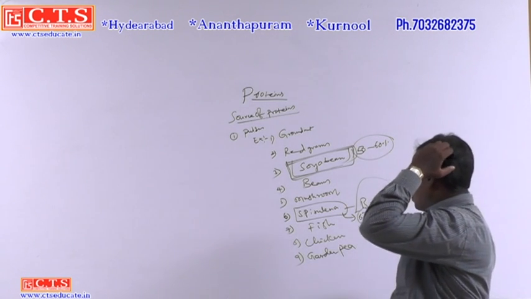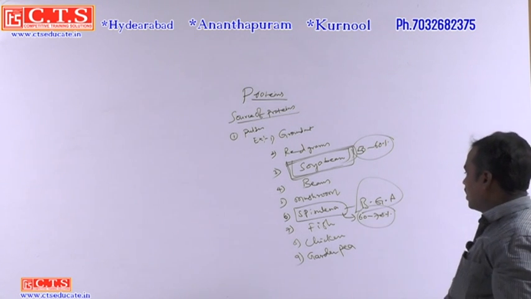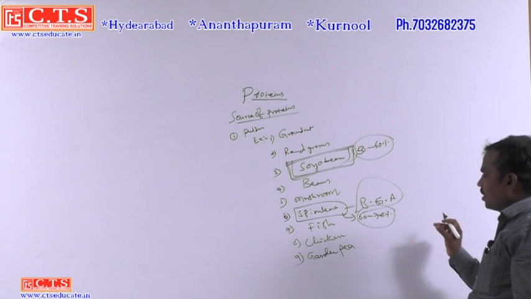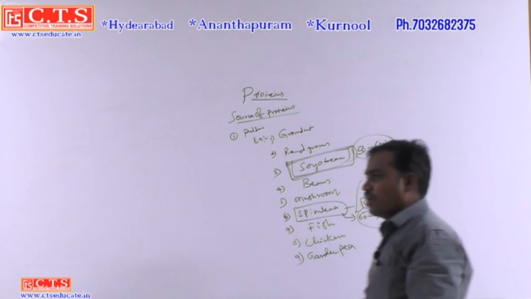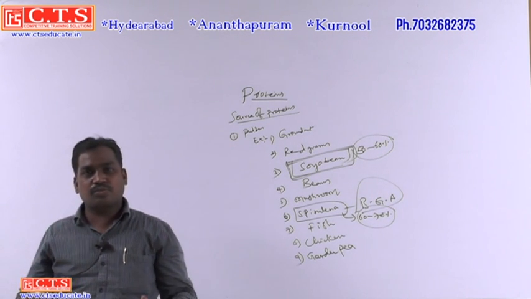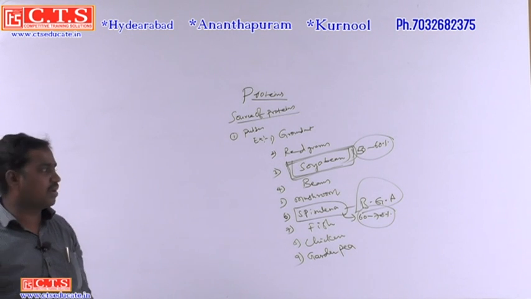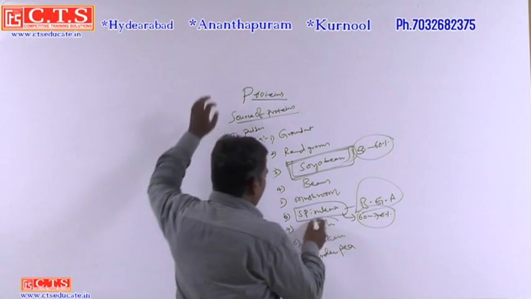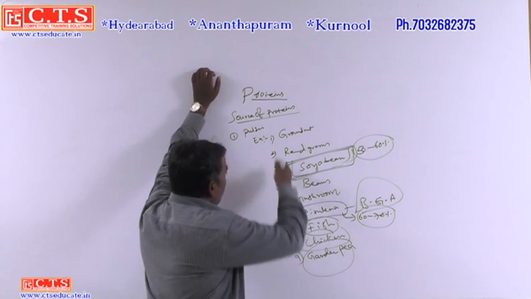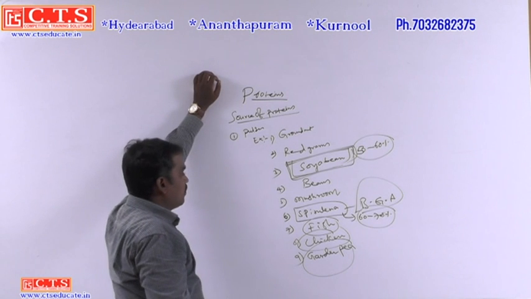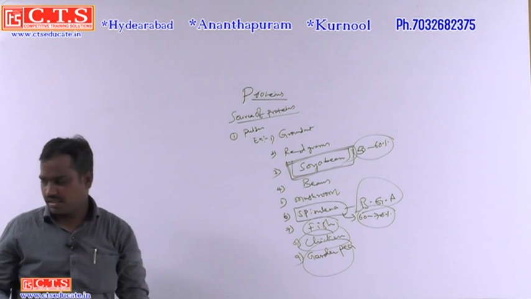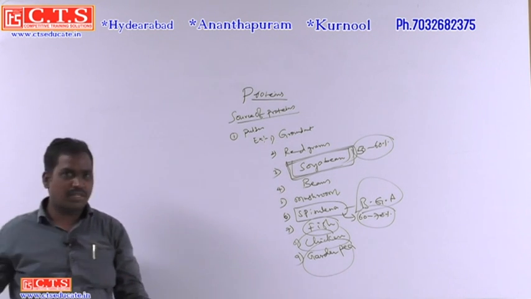Protein tablets are made from spirulina algae. Fish curry, chicken and garden pea, all are sources of protein. Next one is a very common competitive exam bit.